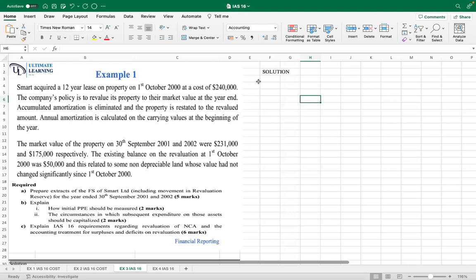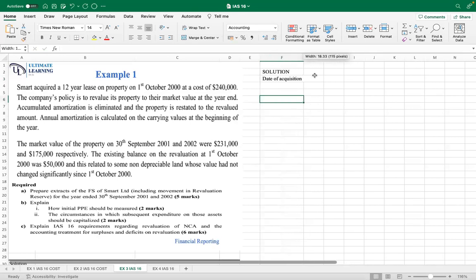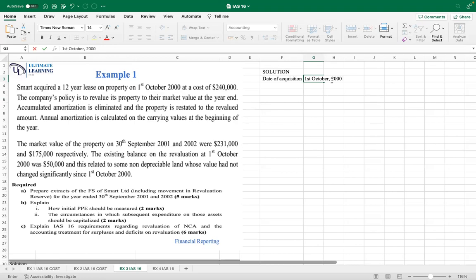So in my starting point, there is the date of acquisition of the asset. The date of acquisition was 1st October 2000.